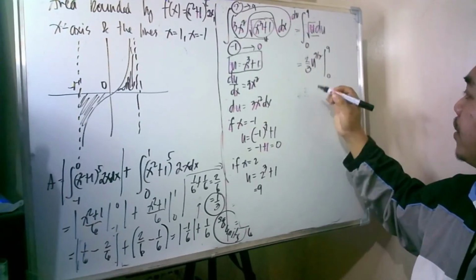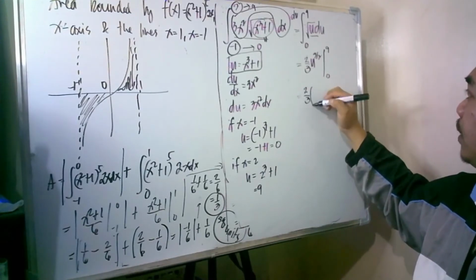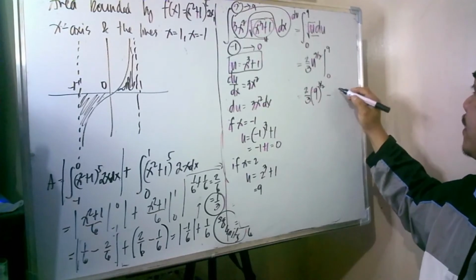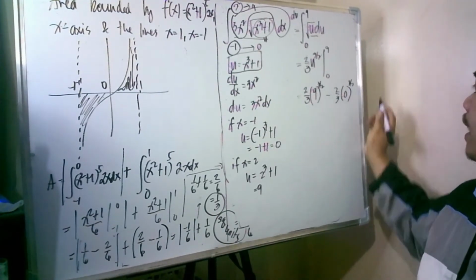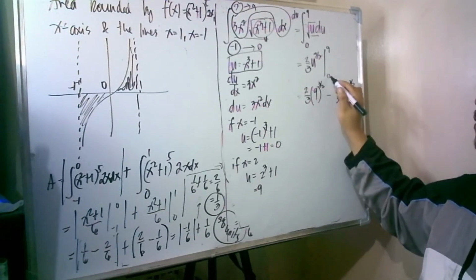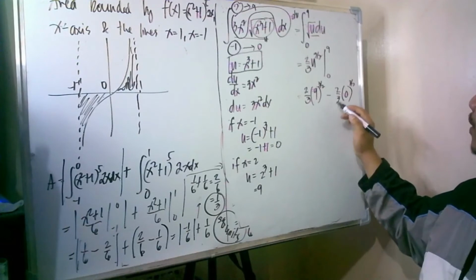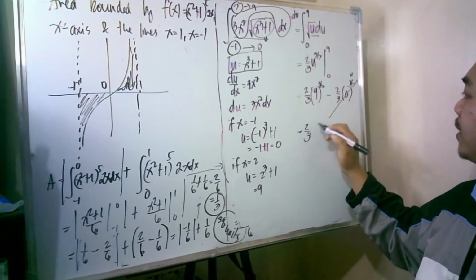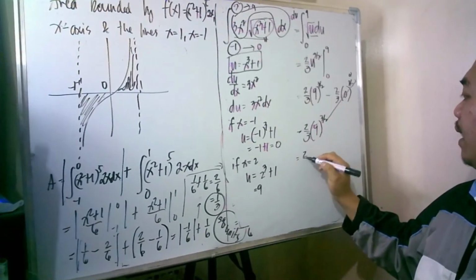So, 2/3 times 9 raised to 3/2 minus 2/3 times 0 raised to 3/2. Kasi 0 yung lower limit. 0 raised to a number times 2/3, magiging 0 yan, kabuuan. Ang maiwan na lang ay 2/3 times 9 raised to 3/2.